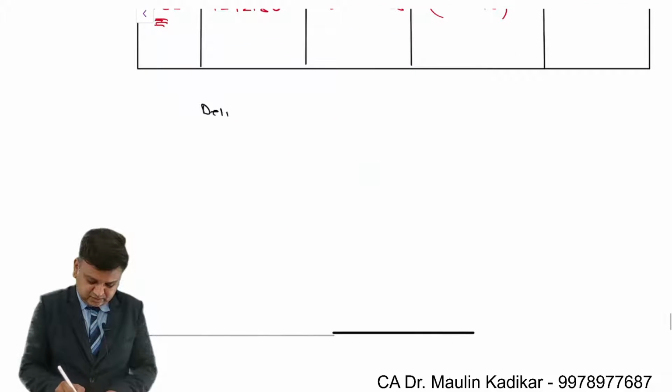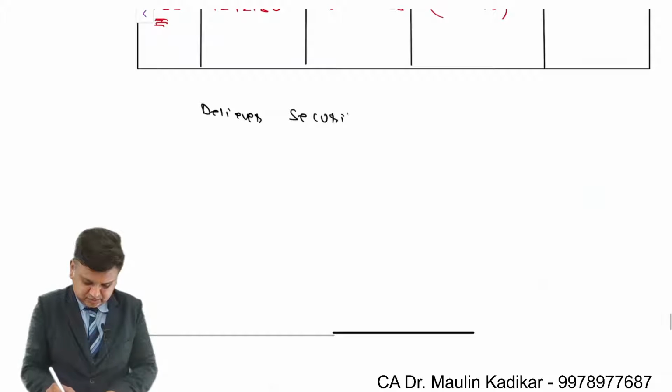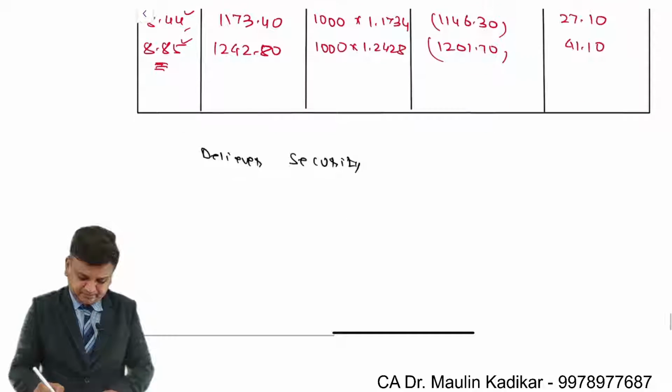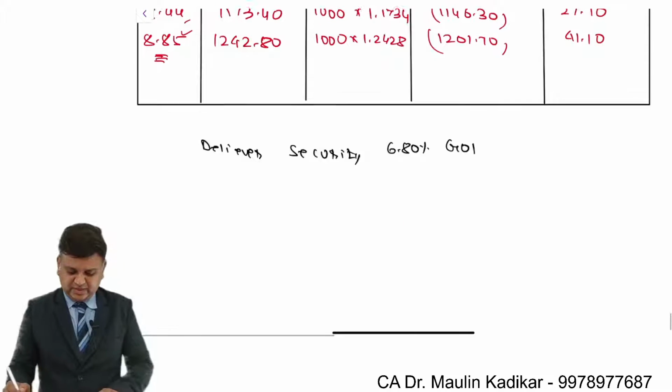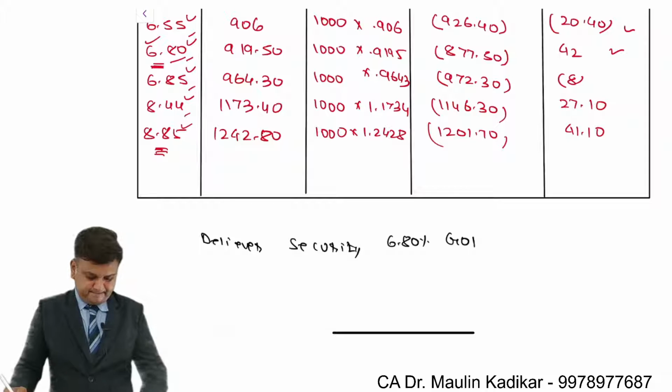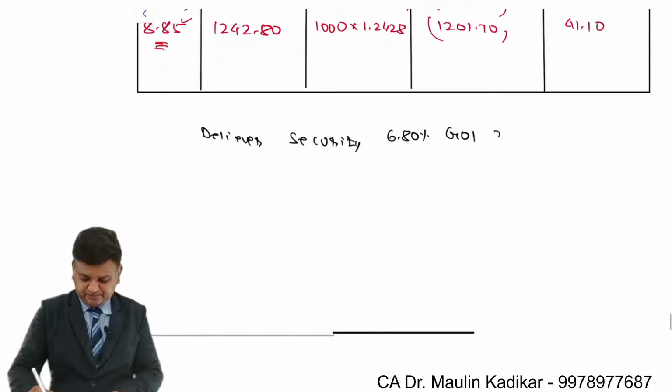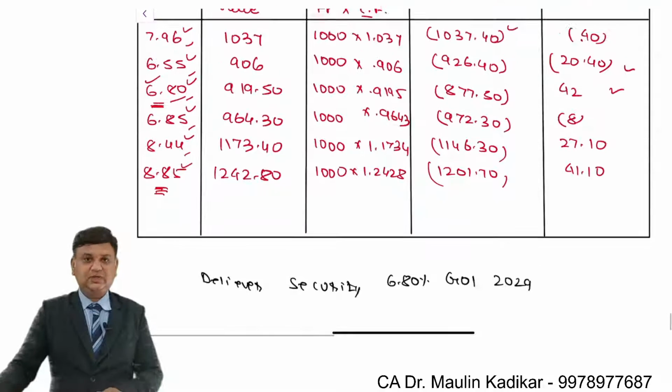So deliver security 6.8% GOI 2029. This is the answer.